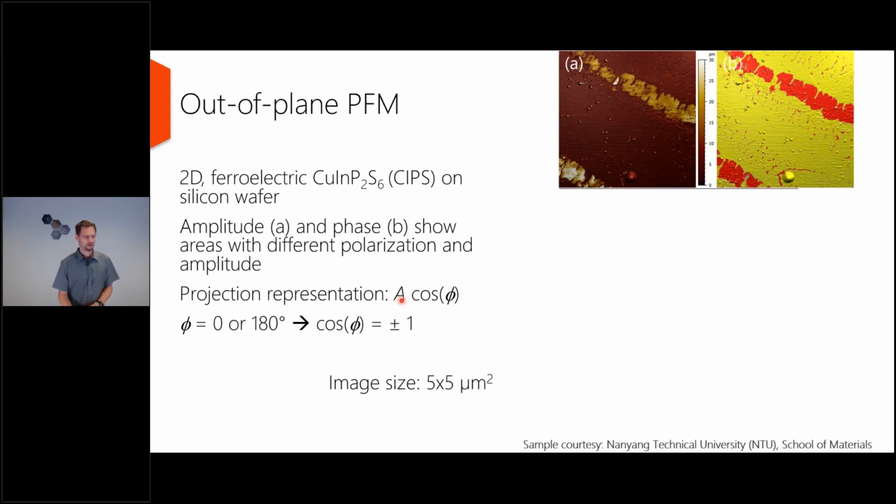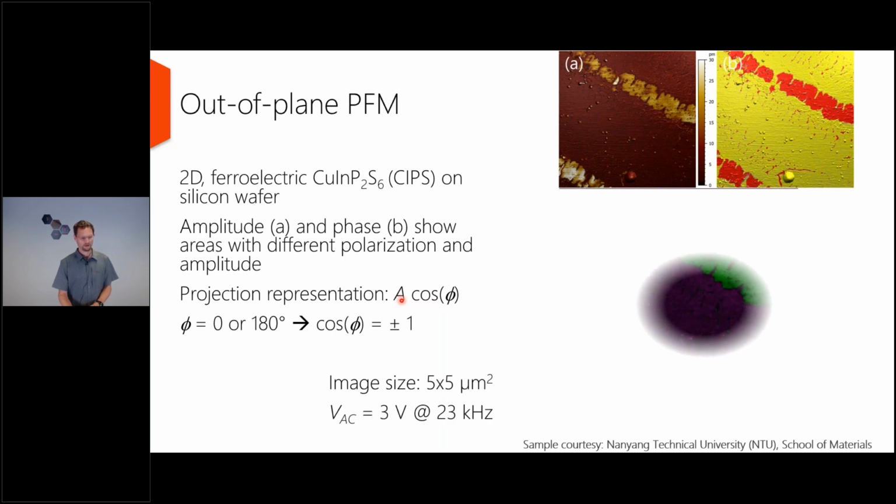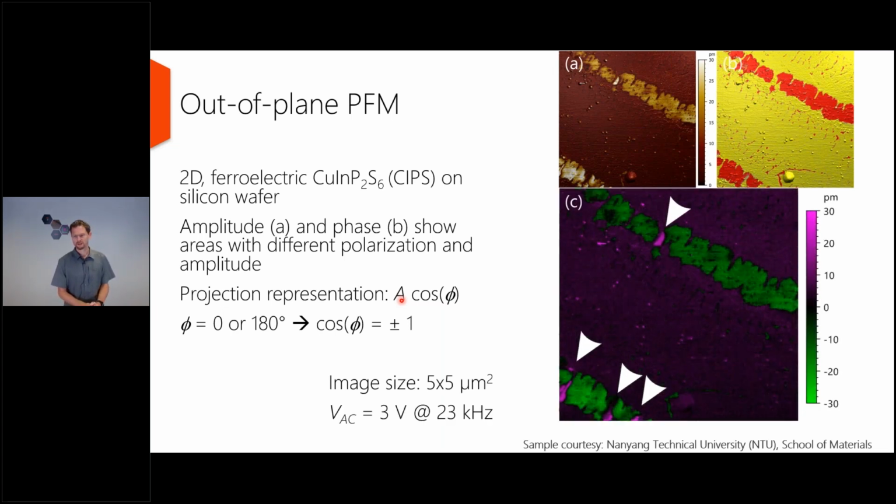And if you do that, you get this image. In black, you have almost no amplitude. The magenta is a positive high amplitude and green is a negative high amplitude. So here you nicely see the different amplitude plus phase, or amplitude with an added sign to it.